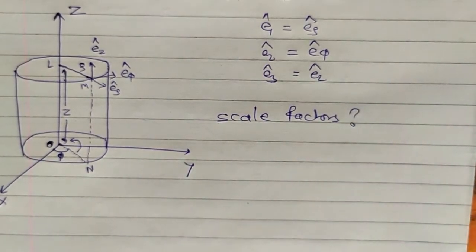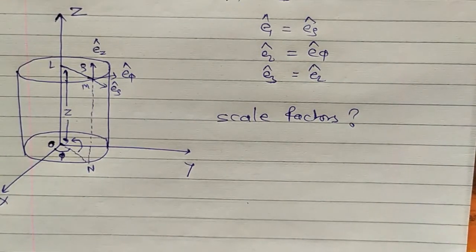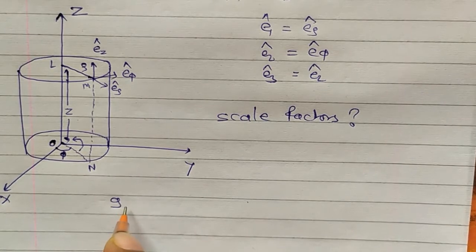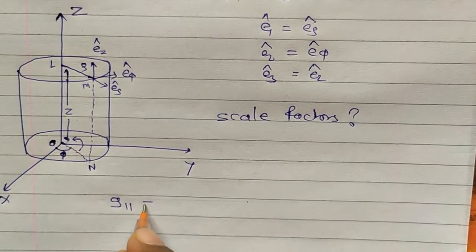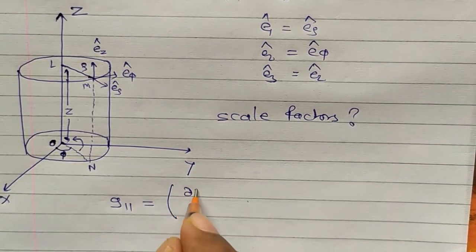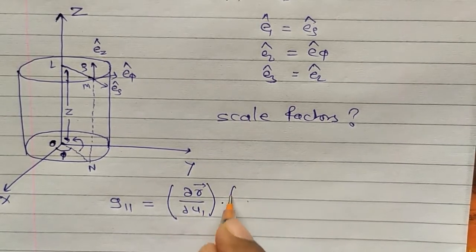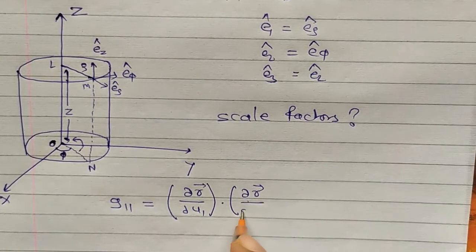How can I find them? In order to find the scale factor, I need to find metric coefficients. The first metric coefficient was given by G11, which was delta R bar by delta u1 dot delta R bar by delta u1.